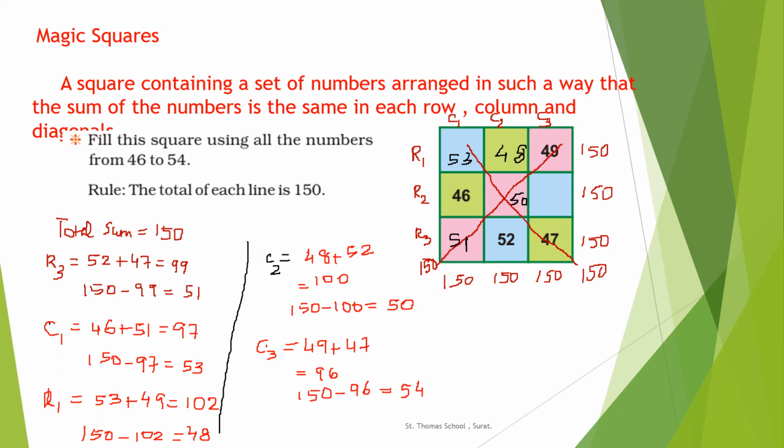Clear with this, everyone? So write it in the blue shade box. Like this you have to complete it. You can see the square contains numbers from 46 to 54, just as it has said. Clear?